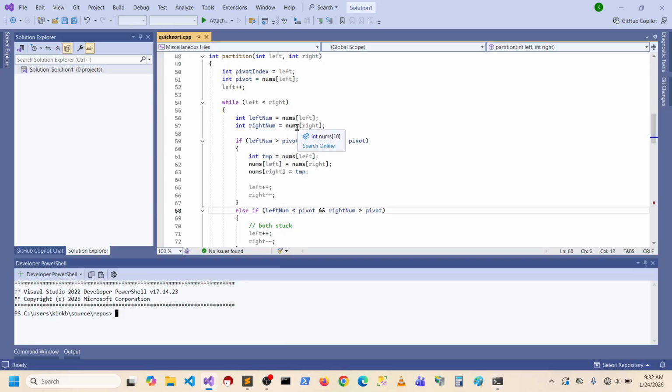Let's go back in here. Well, I'm already here. So left num is greater than pivot and right num is less than or equal. So I wonder if the other side needs to be less than or equal too. I mean, you could possibly, but it's the pivot.